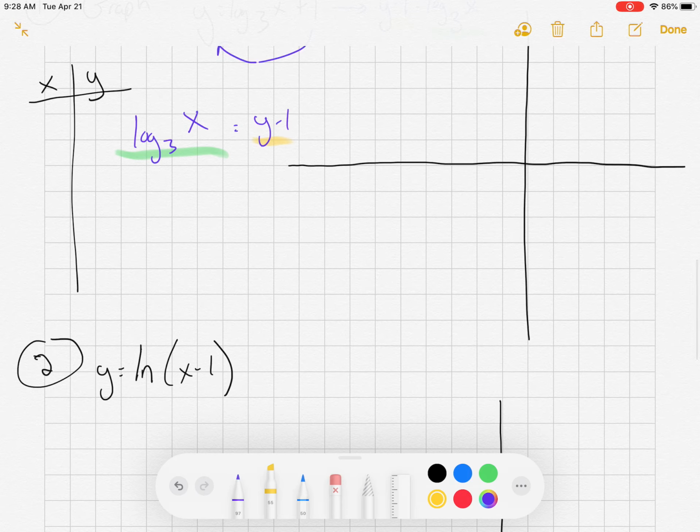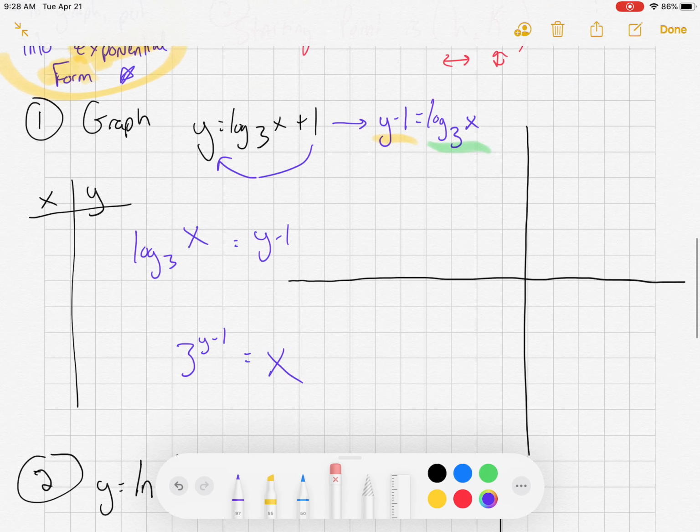Now I need to write this in exponential form: left to the right power equals the middle. The base is 3, base to the right power, 3 to the y minus 1 equals x.